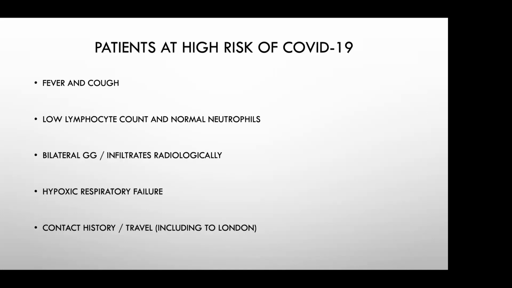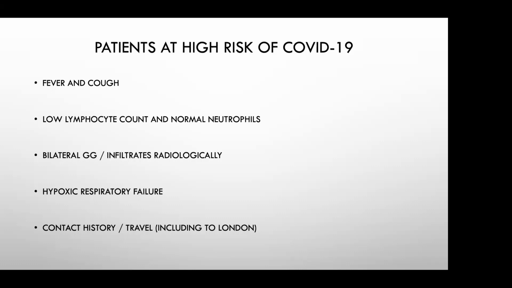Patients at high risk of COVID-19, I'm sure we've all heard about these. So if they've got fever and a cough, if you come across a patient on the ward who's got a low lymphocyte count and normal neutrophils, a classic x-ray, similarly isolated hypoxic respiratory failure, and the contact history, including travel to a dense city in the UK now as well.